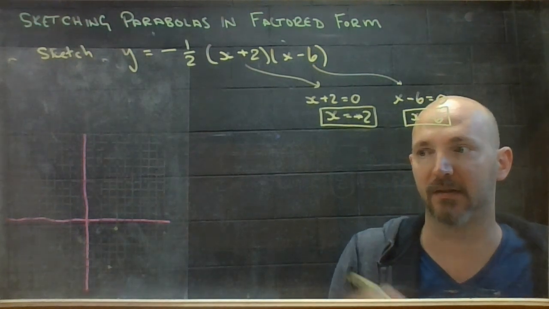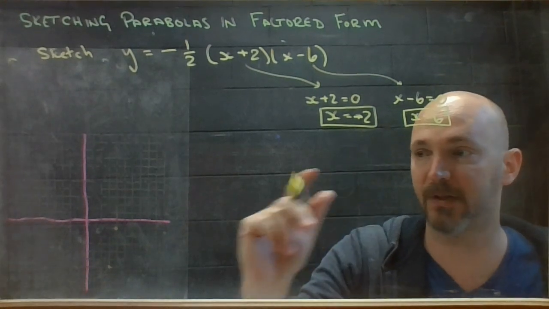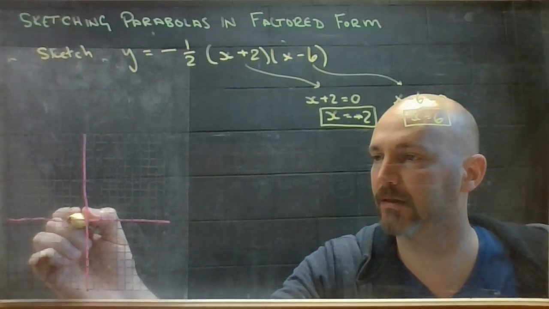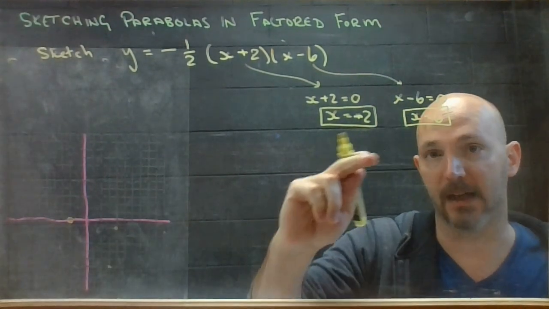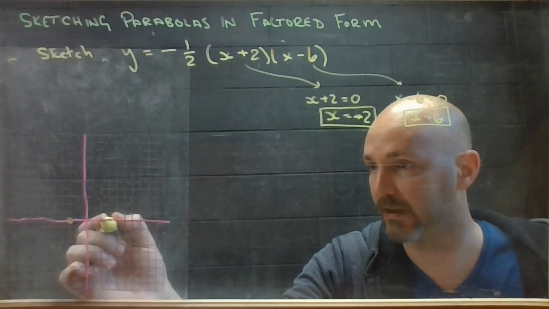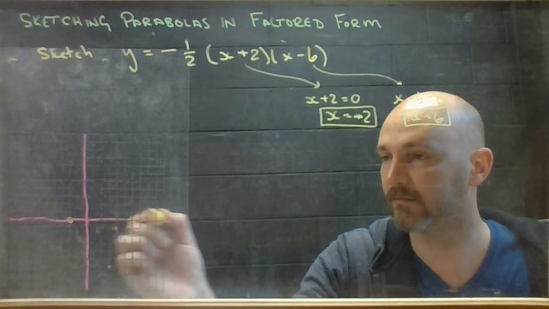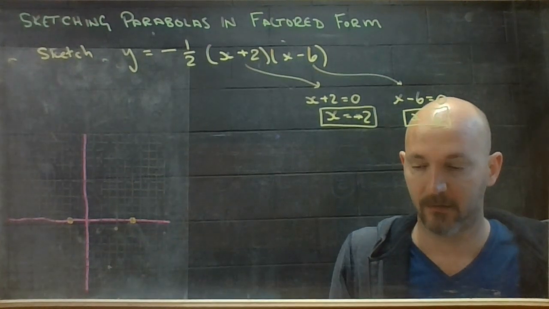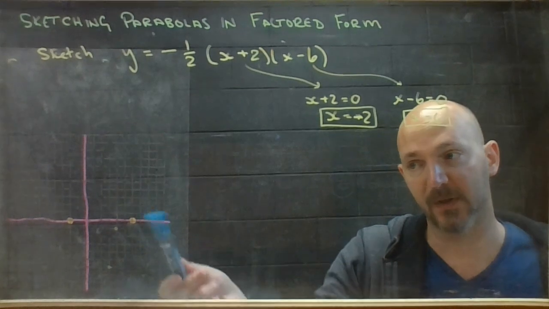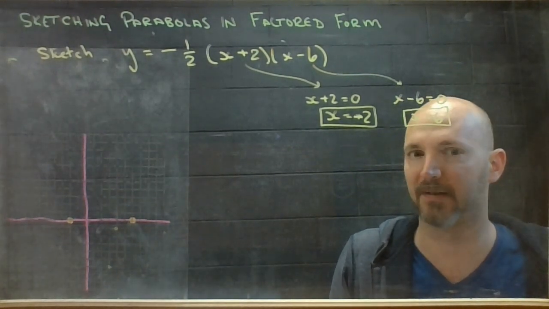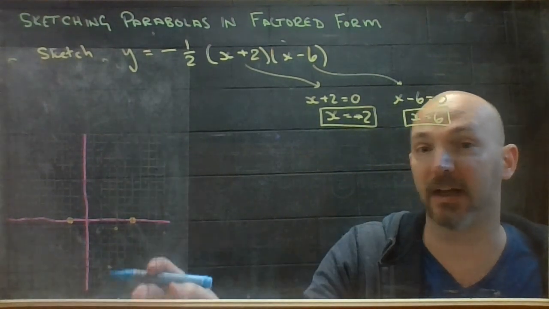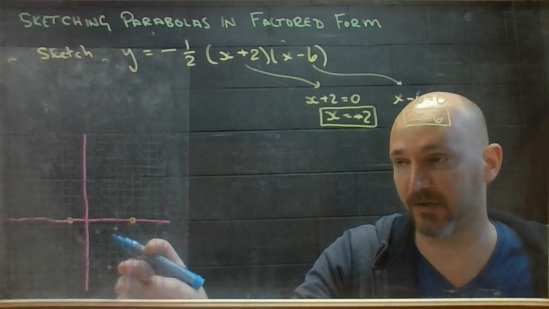All right, so an x-intercept at negative 2 would be here. And an x-intercept at 6 would be 2, 3, 4, 5, would be here. So from those 2 things, for the 5th and final time, I can plot in my axis of symmetry, dead center between them.